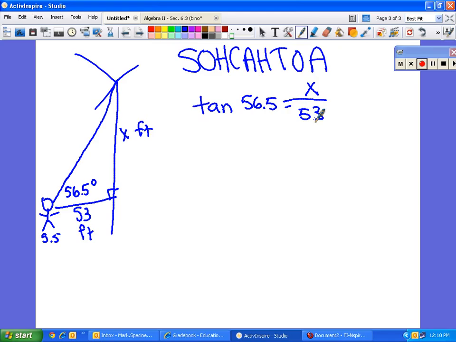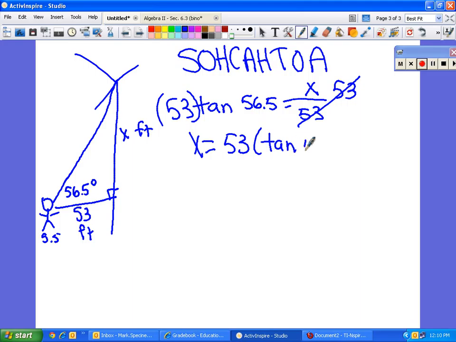Okay, the first thing I want to do is get rid of the fraction. So the way I do that is I'm going to multiply both sides by 53. So I get that x is equal to 53 times the tangent.